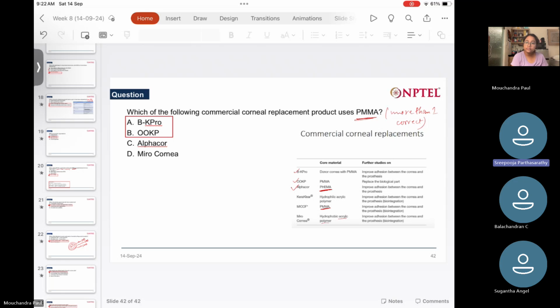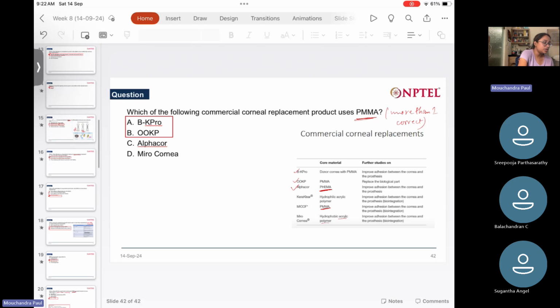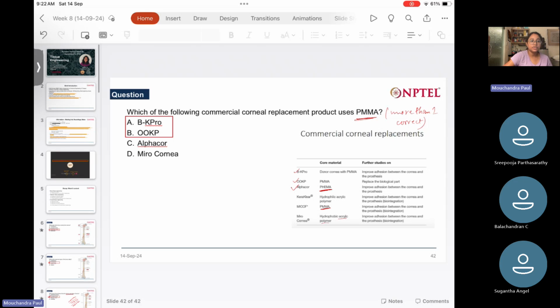Ma'am, can you explain the remodeling of bone process once? Can you repeat? Explain the remodeling process of the bones. All right, so maybe let me find a diagram with which I can help.